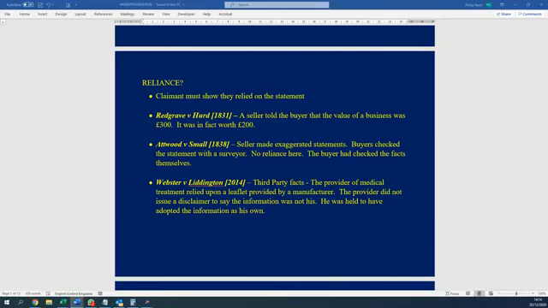The doctor did not issue a disclaimer to say the information was not his, and so he was held to have adopted the information, and because he adopted the information as his own, he was held to be giving misrepresentation of facts. If he had said this information is not mine, then he would have been fine.